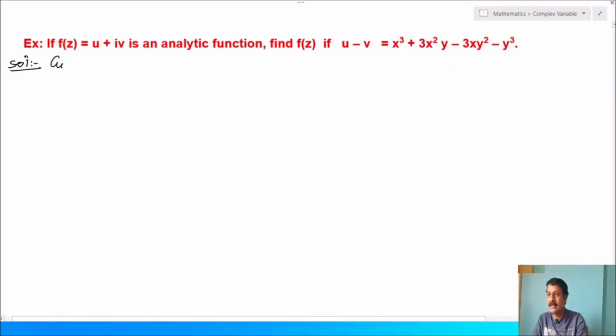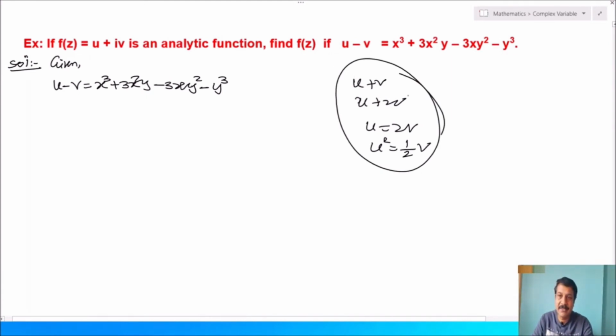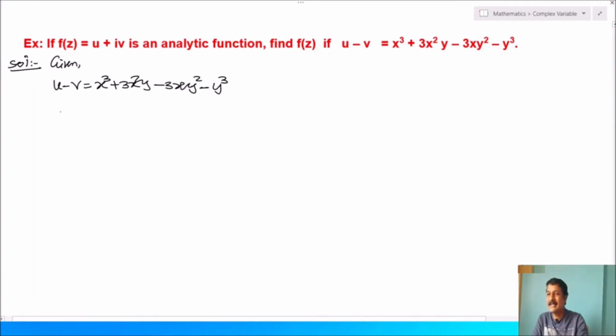What is given thing? Given is u minus v equal to x cube plus 3x square y minus 3xy square minus y cube. So note that similar method for u plus v, u plus 2v, u equal to 2v, u square equal to 1 by 2v, like that, different relations between u and v. So differentiate this partially.